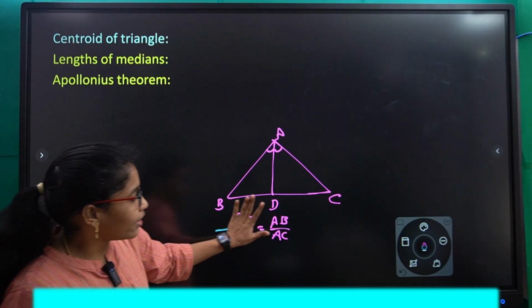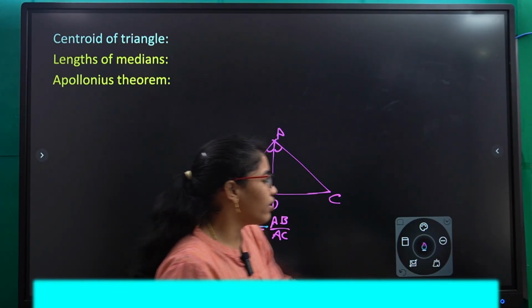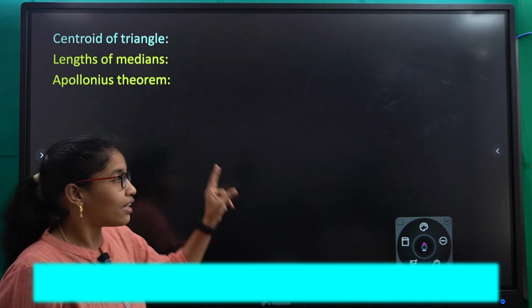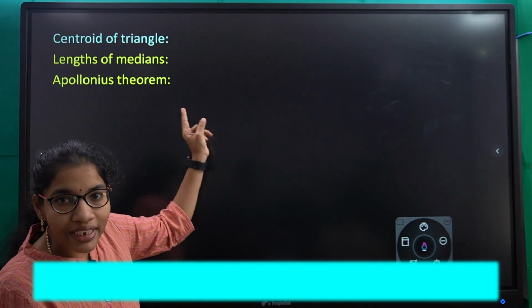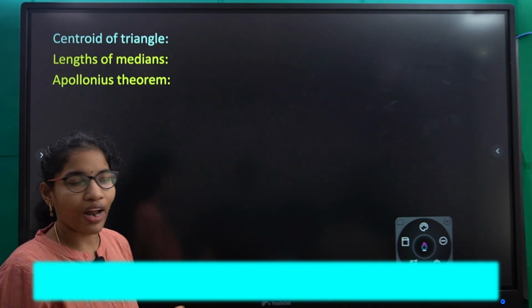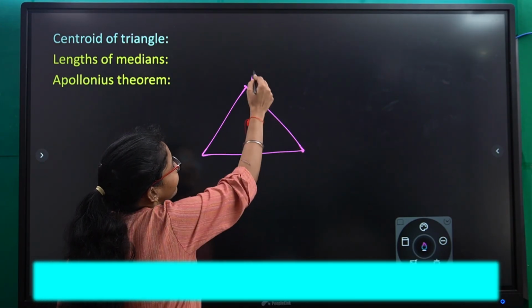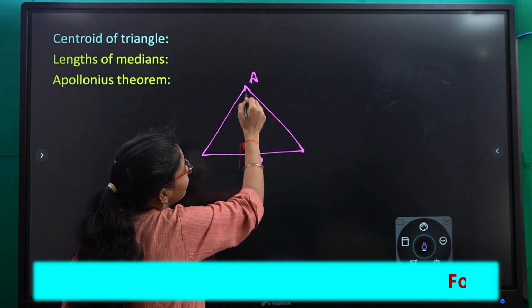Now here we will see about the Apollonius theorem. Apollonius theorem is regarding the medians, right? The length of the medians and the length of the triangle's sides, right? So this is the triangle I have taken here. AD is the median.